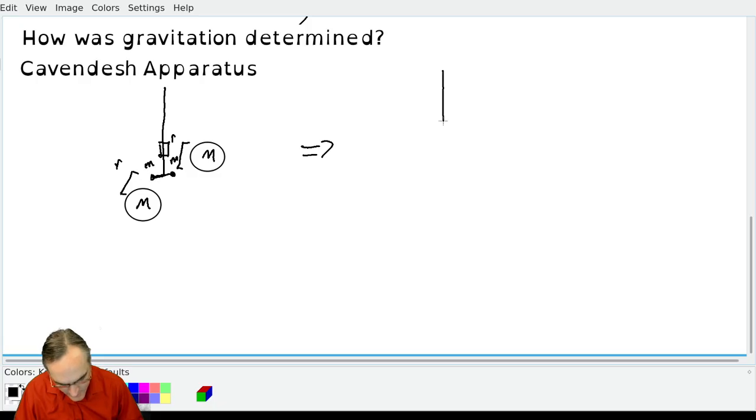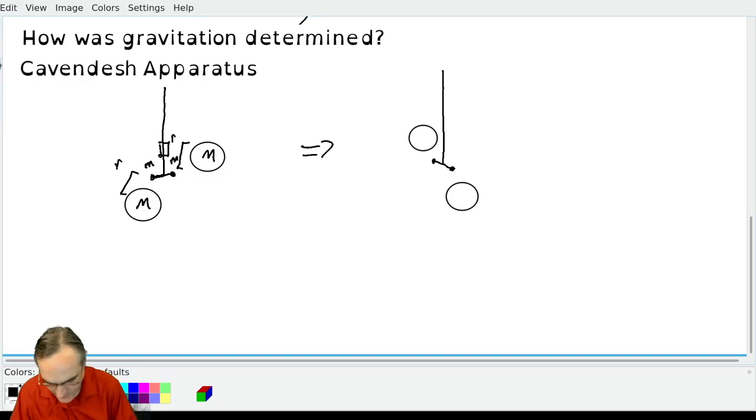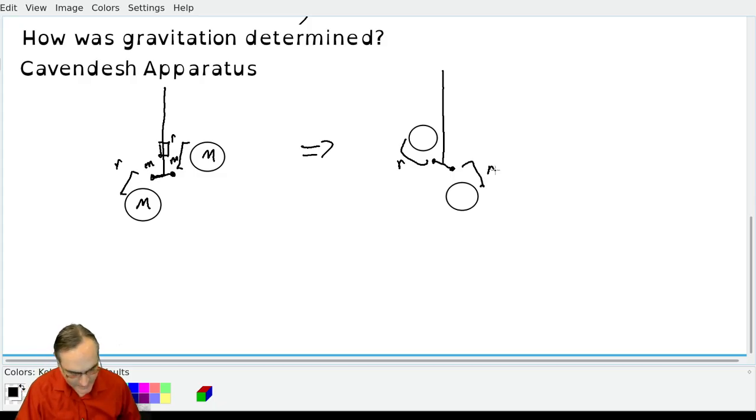Then what you would do is take the same fiber and put the masses in the opposite location at the same distance. And now the trick of this is, oops, forgot to change tool again. You get your r distance with your masses, big M's and little m's, and this causes the fiber to twist the other direction.